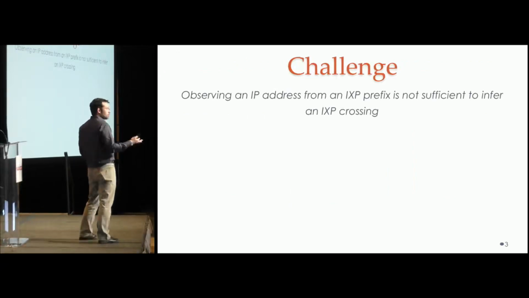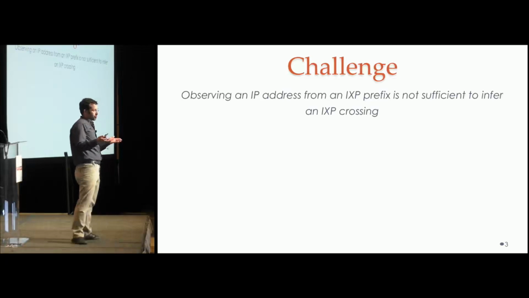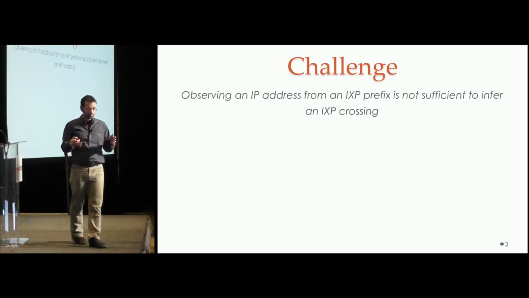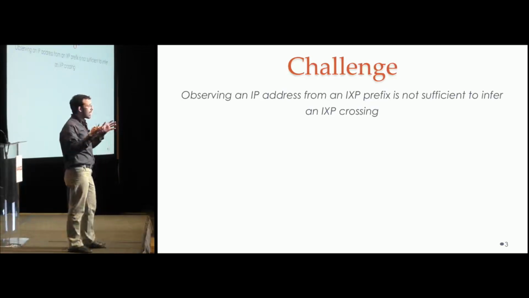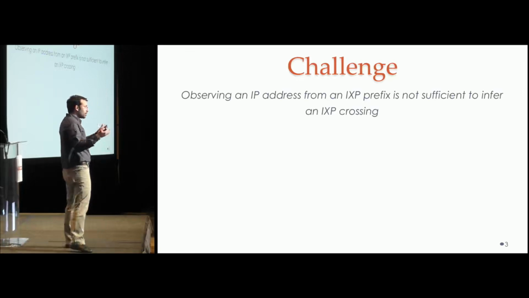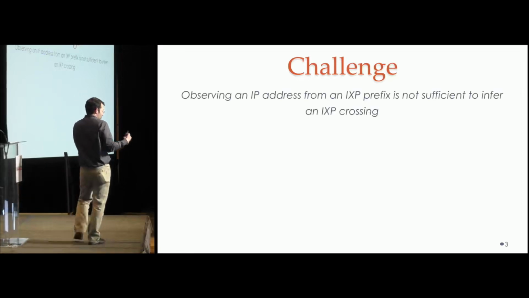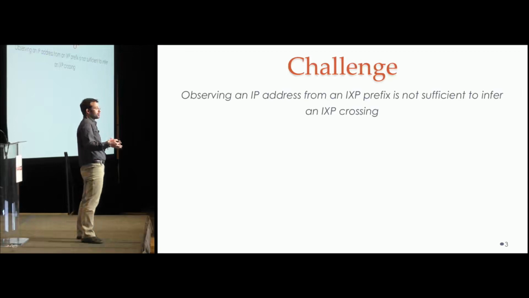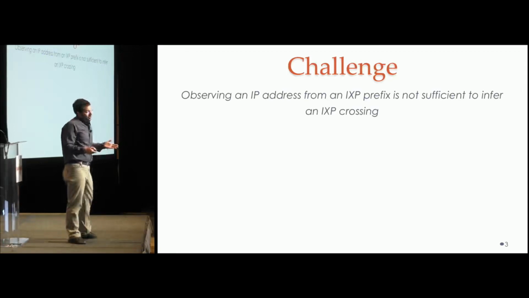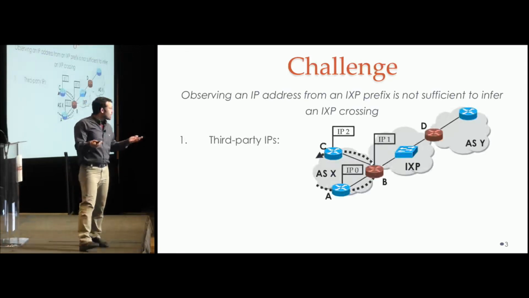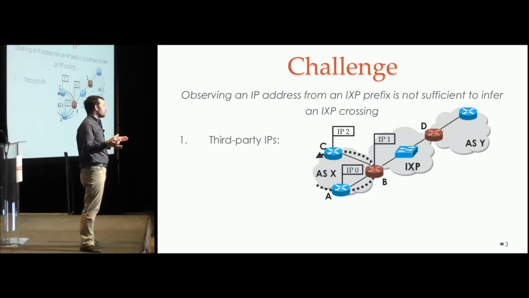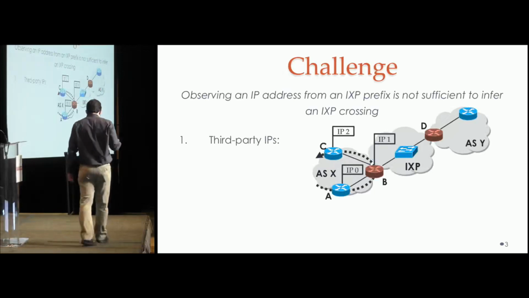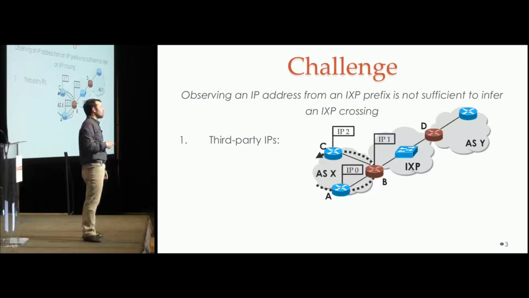Unfortunately, based on the literature, we cannot be completely sure that we have crossed an IXP when stumbling on an IXP IP in the traceroute path and having only IXP prefixes as information. This could happen for different reasons, for instance, due to third-party IPs.